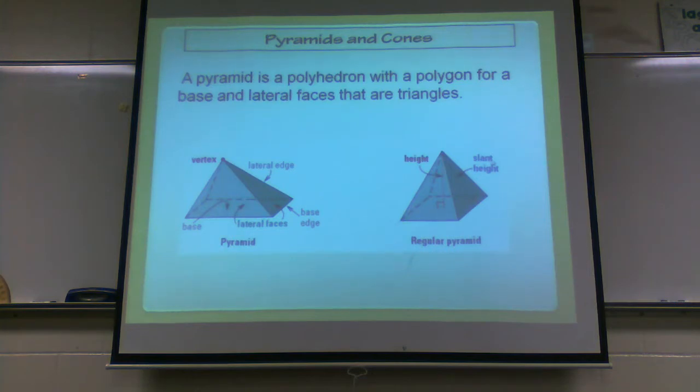And again, identifying the base is key for you being able to do the formula. The base is a little bit more obvious on a pyramid than it is with a prism. The base here is going to be the one part that all the triangles are connected to.